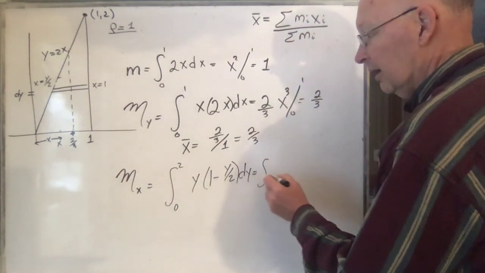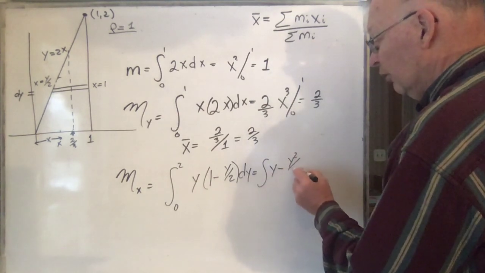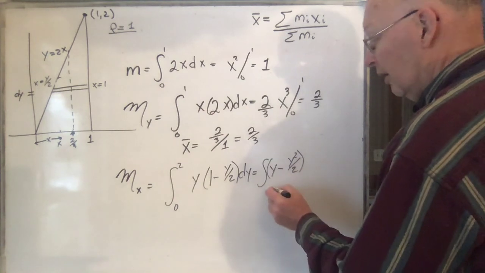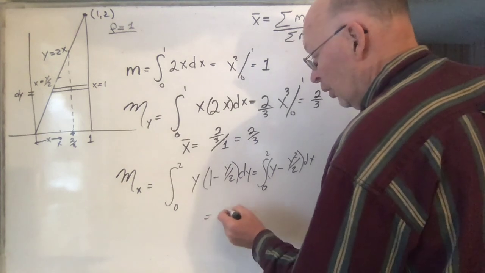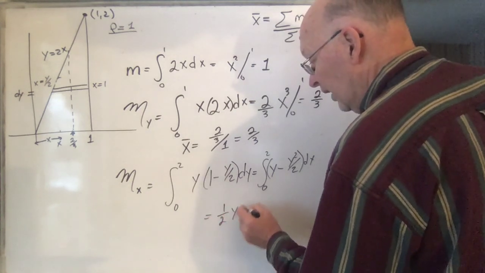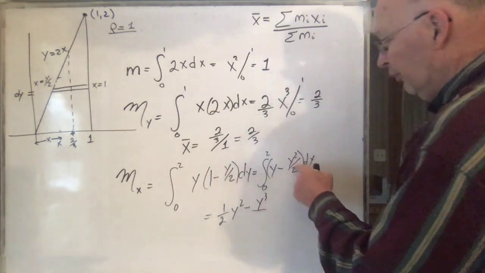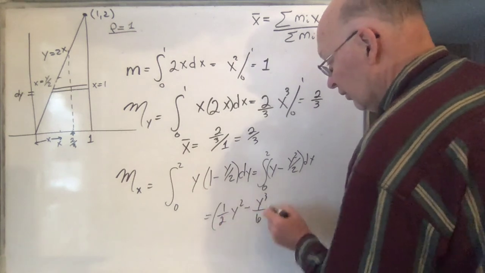We're going to get the integral of y minus y squared over 2 dy from 0 to 2, which is equal to 1/2 y squared minus y cubed over 3, and I'm already over 2, so it's going to be over 6, from 0 to 2.